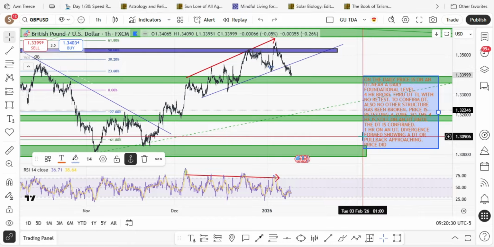Price did break above the last lower high to form a higher high.